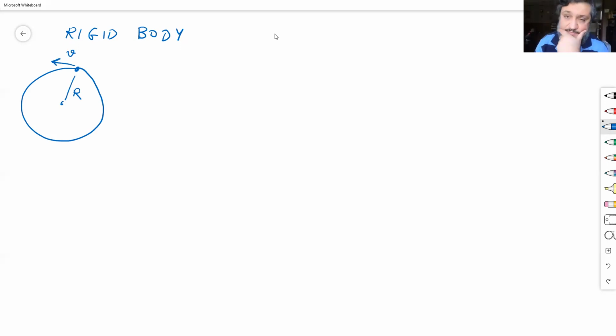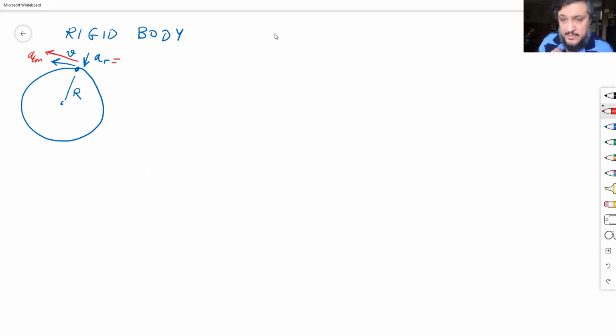We saw that there would be some acceleration. Now, if it is with a constant speed, the acceleration is only radial. But if there is speeding up or slowing down, there will also be a tangential component for the acceleration.